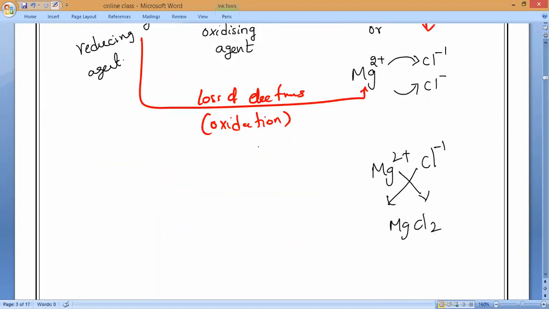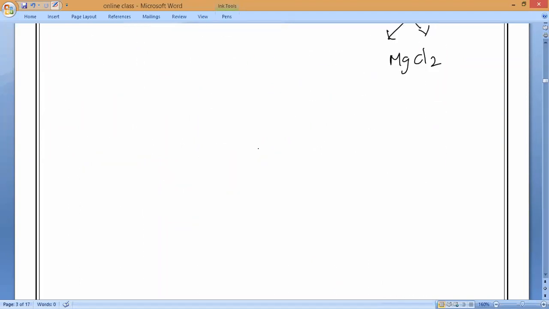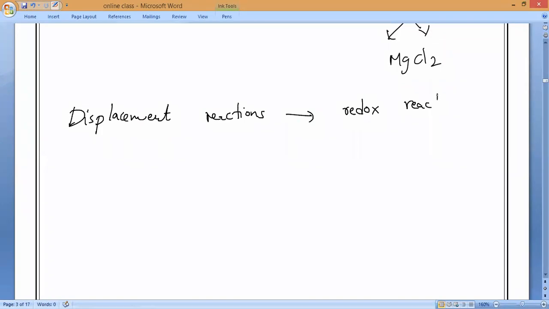Now, you might remember I made a statement while teaching displacement reactions: all the displacement reactions are examples of what? Redox reactions. Please respond. Displacement reactions are also examples of redox reactions.